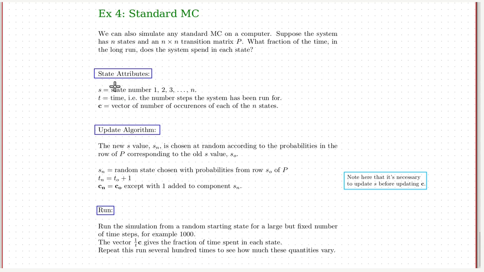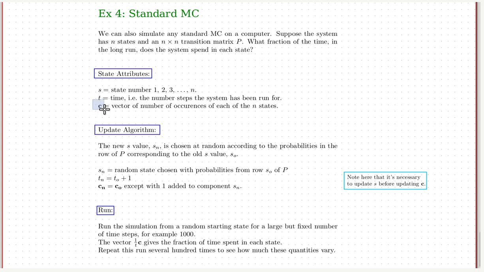The simulation states are going to include the state of the original Markov chain, which will be 1 through n, but they're also going to include the time, the number of time steps that have already elapsed in this system, and one other thing it'll include will be a vector, that is a list, of the number of times each one of the states of the original Markov chain have occurred.